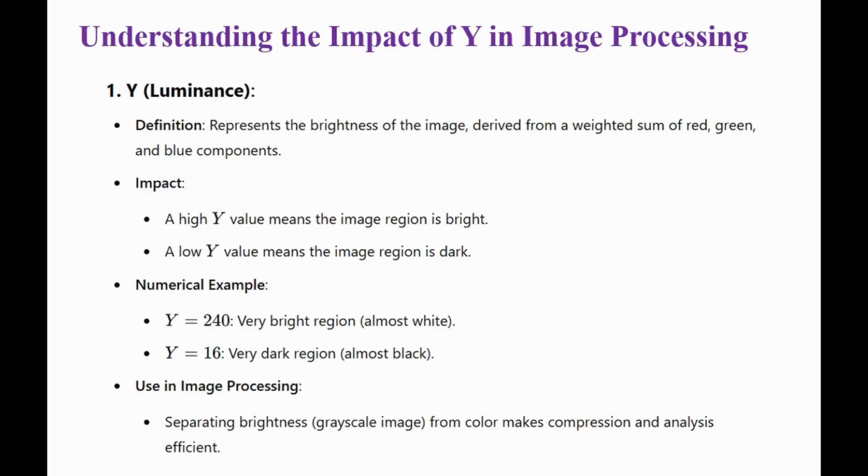The Y component in the YCbCr color model represents luminance, or the brightness of an image. It is calculated from a weighted sum of red, green and blue components. High Y values, for example 240, indicate bright regions close to white.